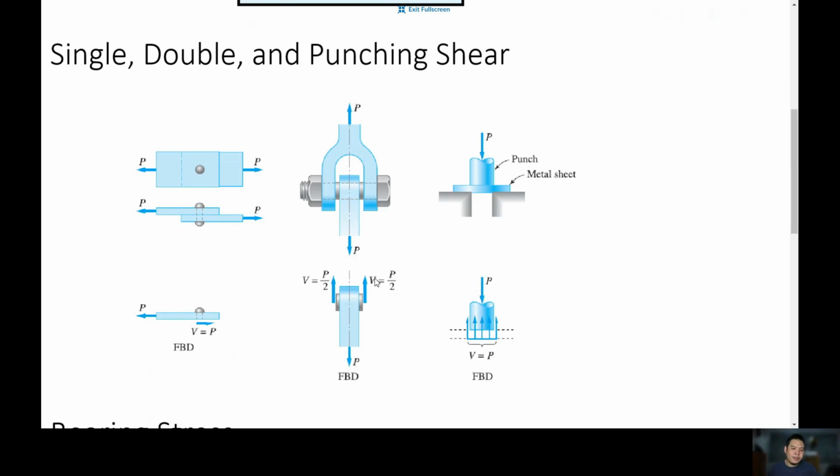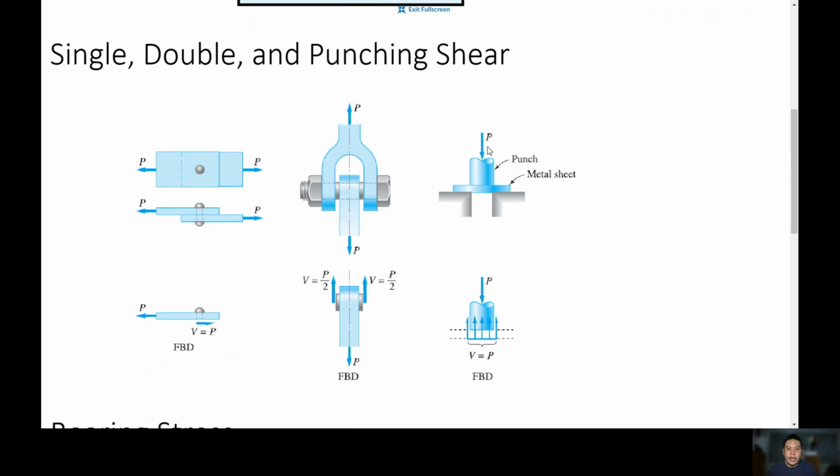Forces going up should be equal to forces going down. So again, V over 2, since there are already two points having the shearing stress, we also need to divide the applied force P into 2. All right, so V is equal to P over 2 for double shear.